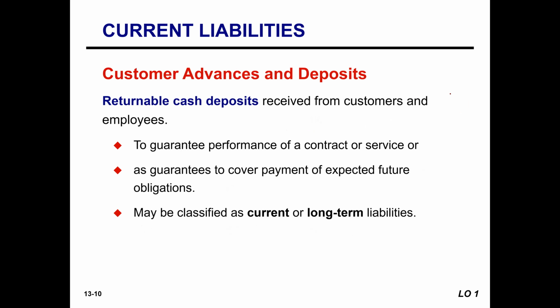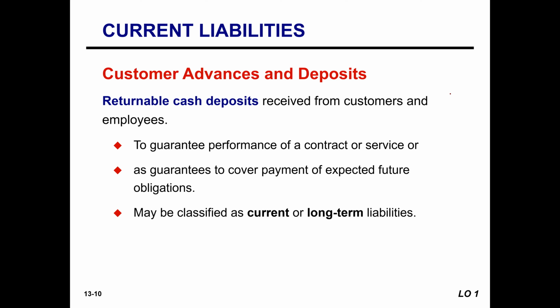Customer advances and deposits. Again, we could think about these like unearned revenues, which is what we have used before and have had practice with before. But this is a customer making a cash deposit for some type of product or service.